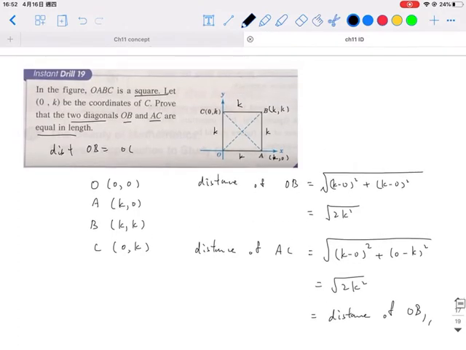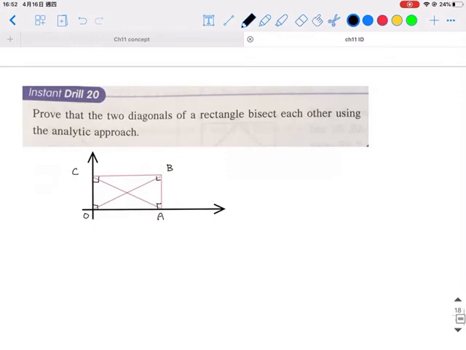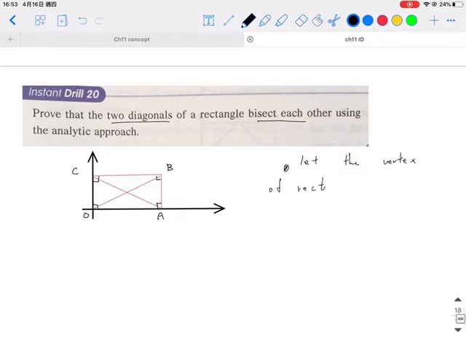And then for instance drill 20, to prove that two diagonals of the rectangle bisect each other. Okay, diagonals, that means OB and AC. It's better for you to draw the figures, and then write down a sentence like this: let the vertices of the rectangle be OABC.